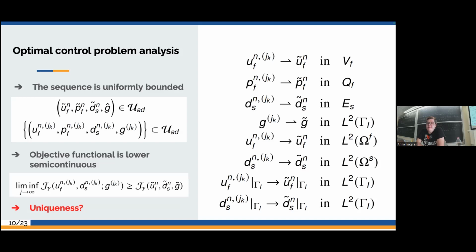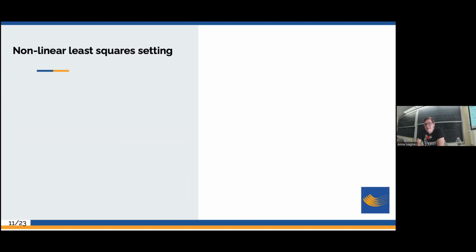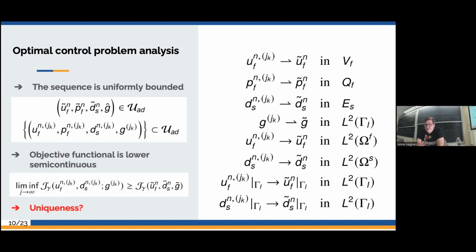In the general case, we cannot deduce the uniqueness of the optimal control problem, but in the numerical tests, we always got convergence to the monolithic solution, which is the state of the art up to now.